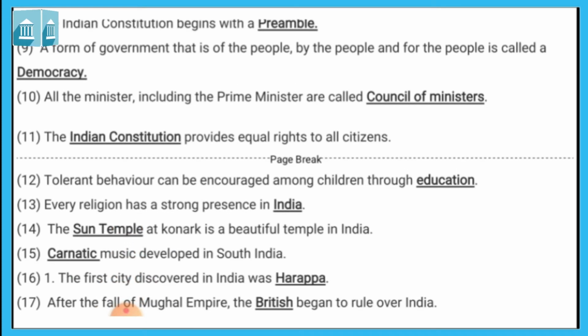9th, a form of government that is of the people, by the people and for the people is called a democracy.